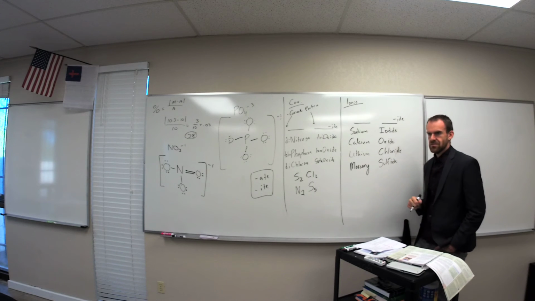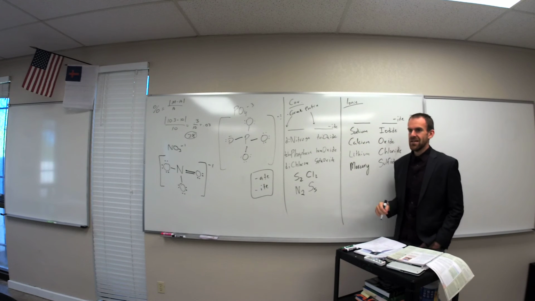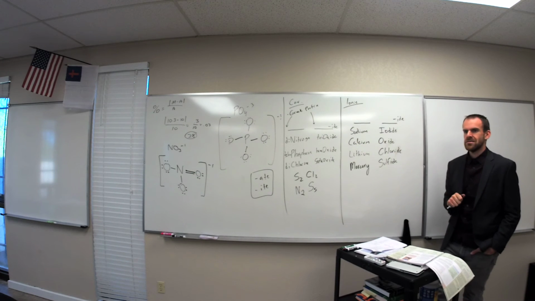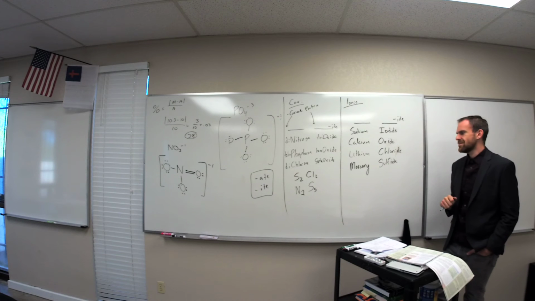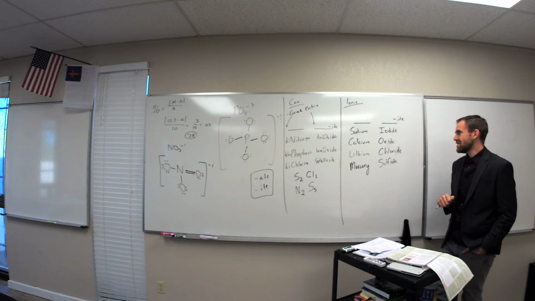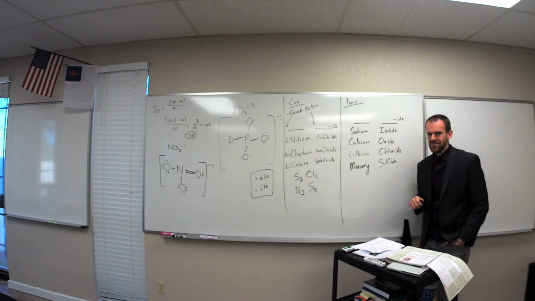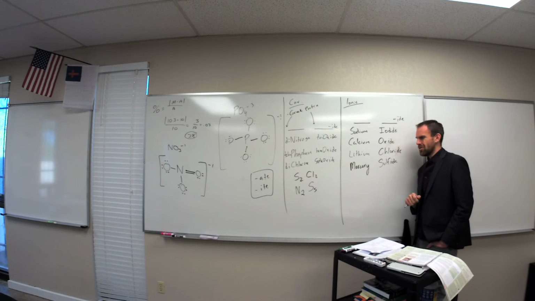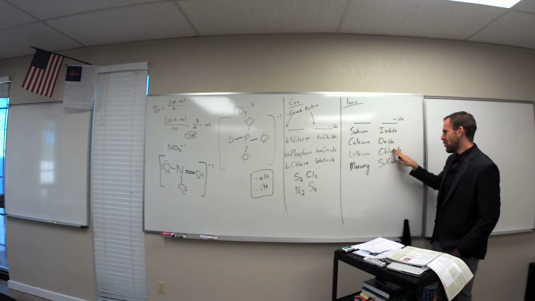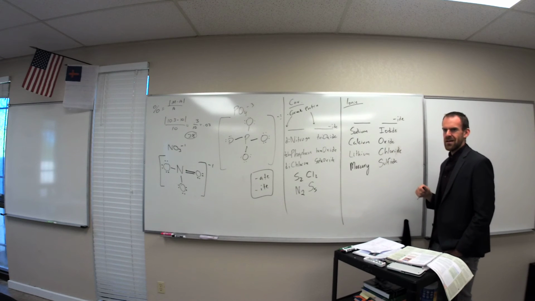Add -IDE. How do you know what the ending is? It's always -IDE for ionic. Sulfur, like, you practice. Sulfide, oxide, iodide, chloride. It's usually what sounds normal. Chloride is normal, and chlorinide is weird.